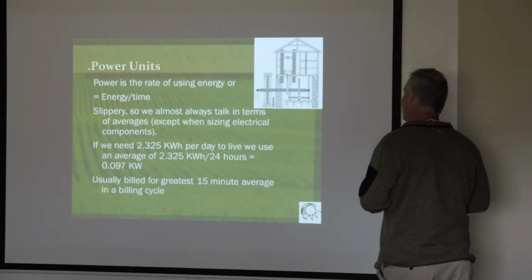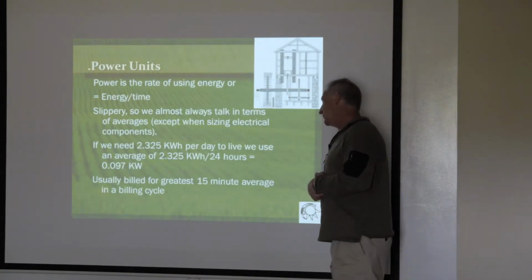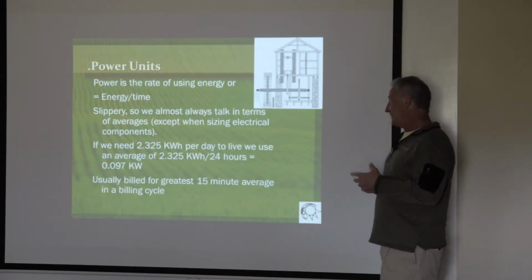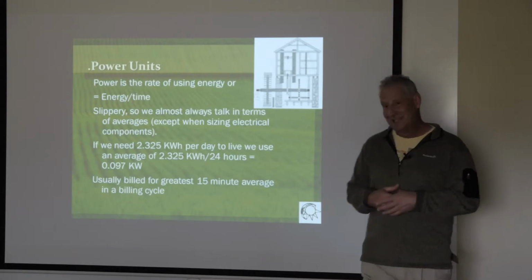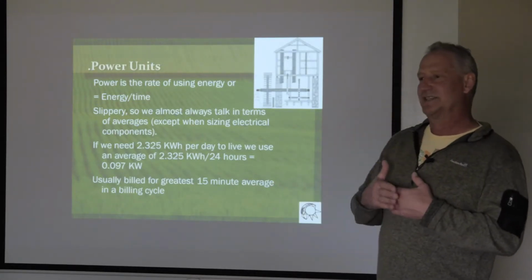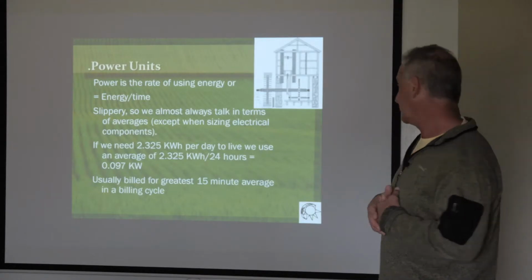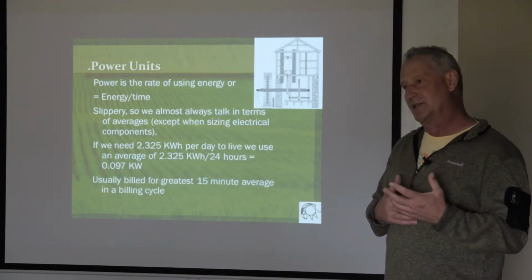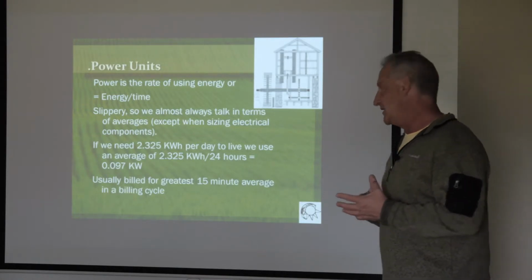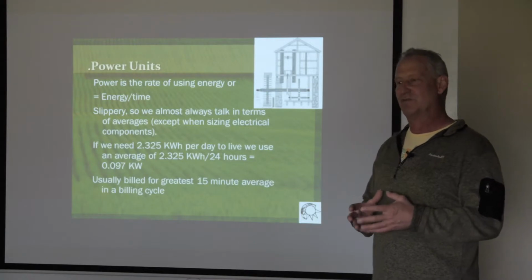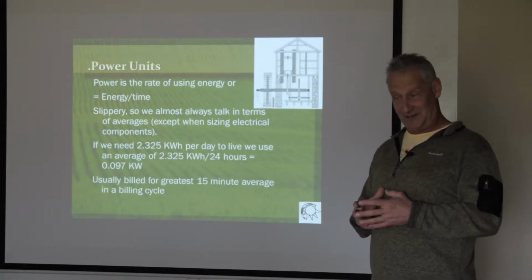So if we need 2.325 kilowatt hours a day to live, we use an average of about 1/10 of a kilowatt over time. It takes us about 1/10 of a kilowatt to live. Now, the utilities bill demand on the biggest 15-minute average over a billing cycle.